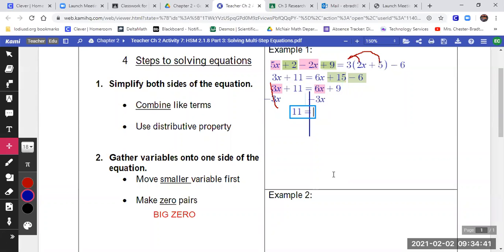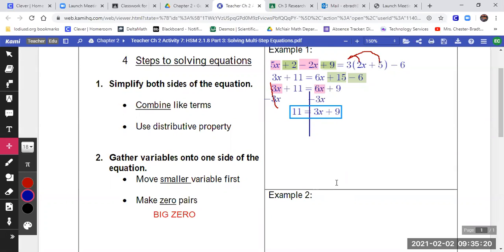So what do I get? 3x, okay. And I still have that add 9 going on. Right?